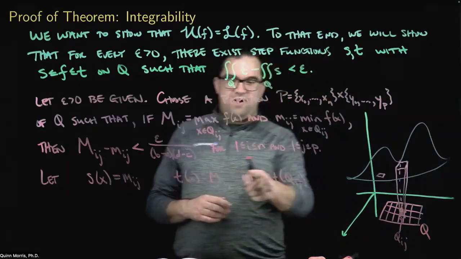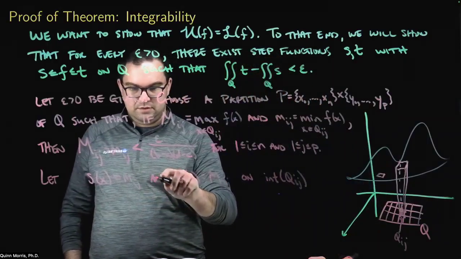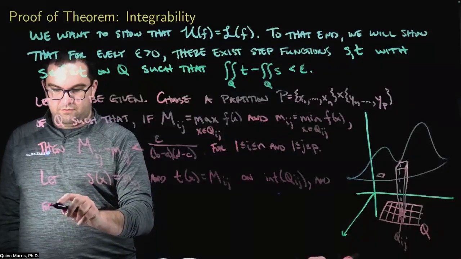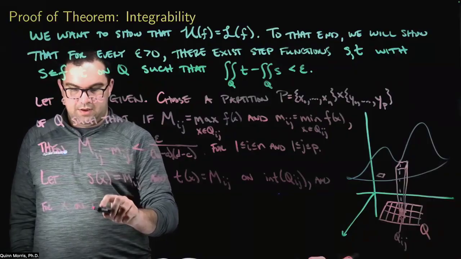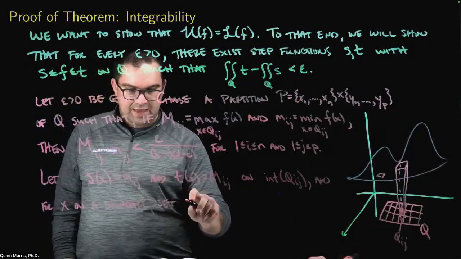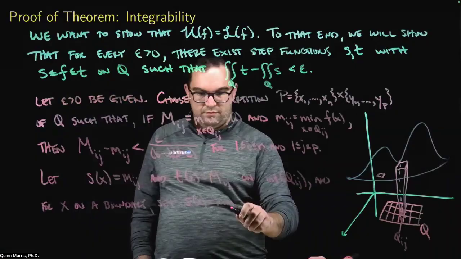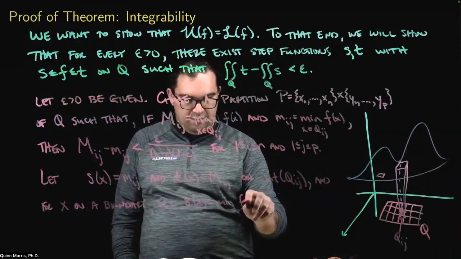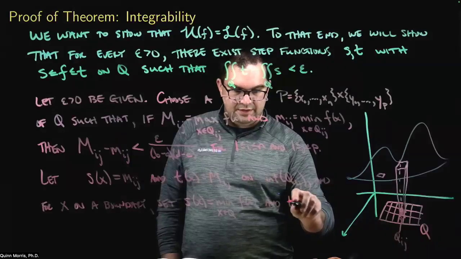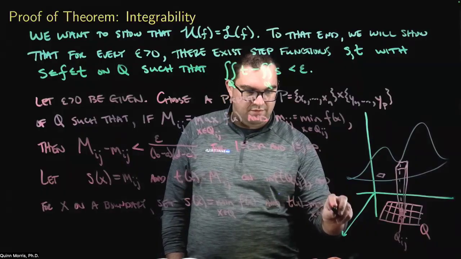All right. Now this defines everything on the interior of each rectangle, but we also need it on the boundaries. So for x on a boundary, set s of x to just be the minimum of f of x on the whole rectangle, and t of x to be the maximum over the whole rectangle of f of x.